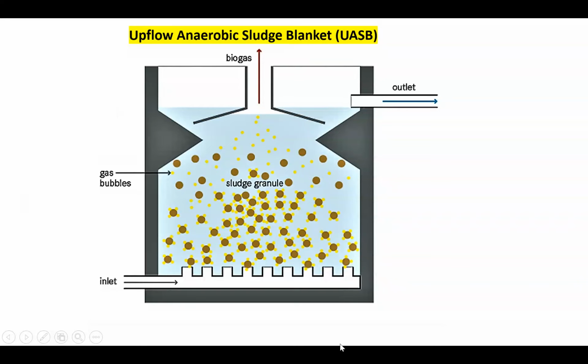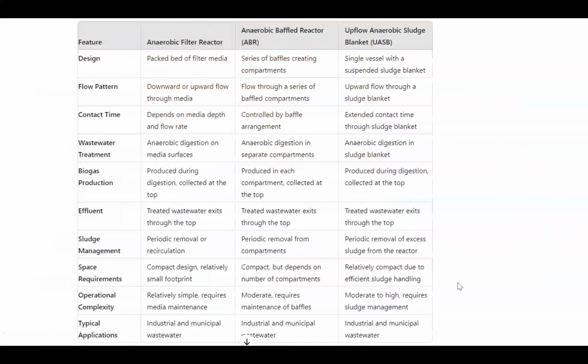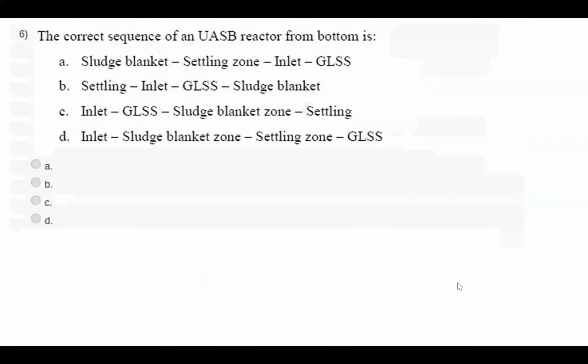From the bottom, start the components from the bottom. What is the first one? Inlet, right? This inlet is the first one. You have seen that picture, right? Now you see the answer is this one, D.